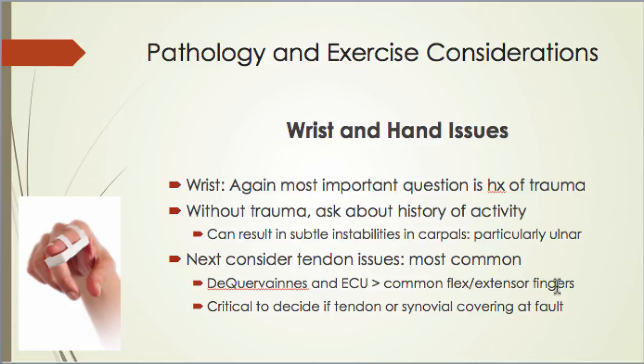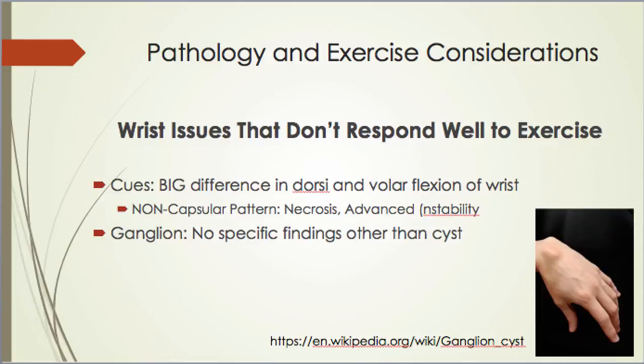So that's usually due to tenosynovitis. Not the tendon itself, but the structures that protect them. It's critical in this area to decide if it's the tendon or if it's the synovial sheath that's causing the problem. And we can test that out quite easily.